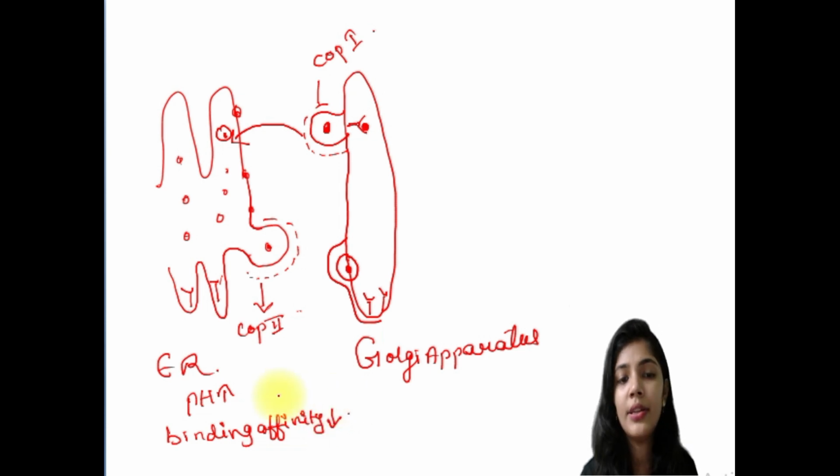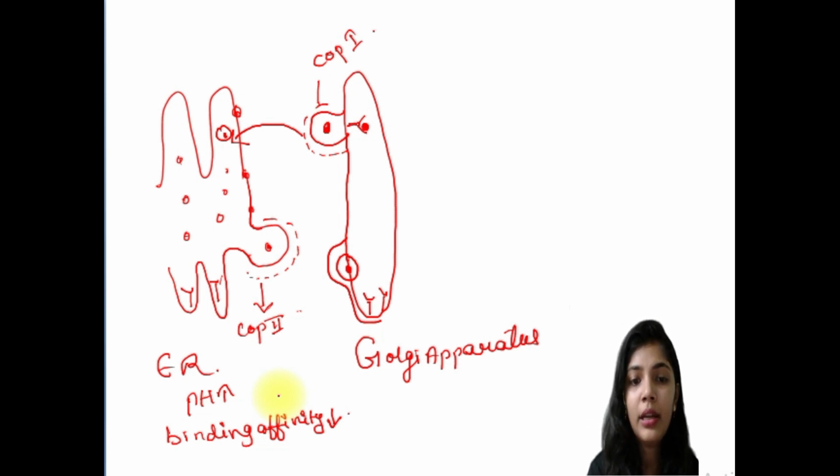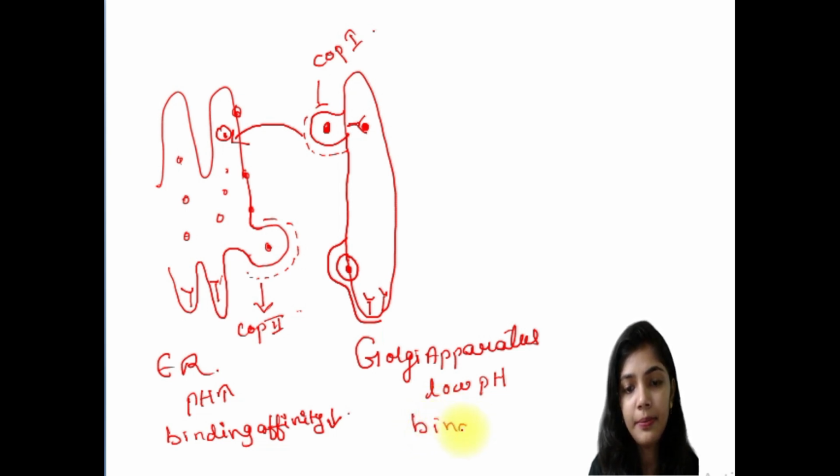That is the reason the KDEL receptor, which can receive the signal sequence proteins of KDEL, cannot bind. But when it is transported into the Golgi apparatus, the Golgi apparatus has a low pH. As the pH is low in the Golgi apparatus, its binding affinity will be high.